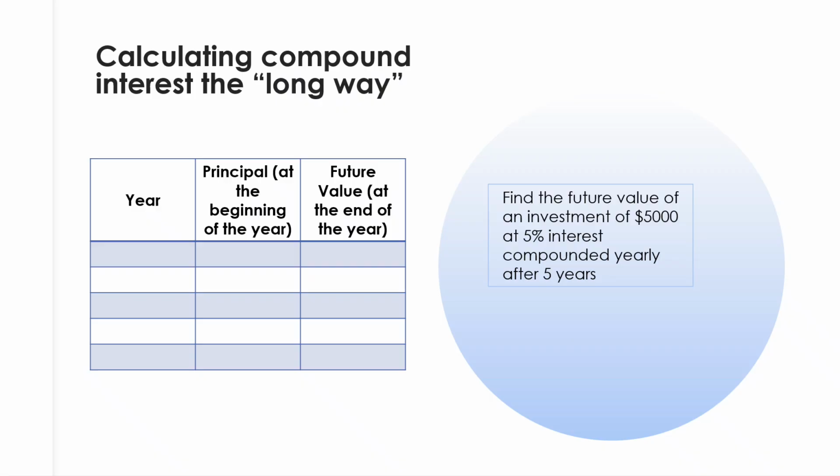So let's look at how that looks, kind of like doing it the long way. In year one, the balance at the beginning of the year is $5,000. The future value, remember, is going to be the principal plus the interest.